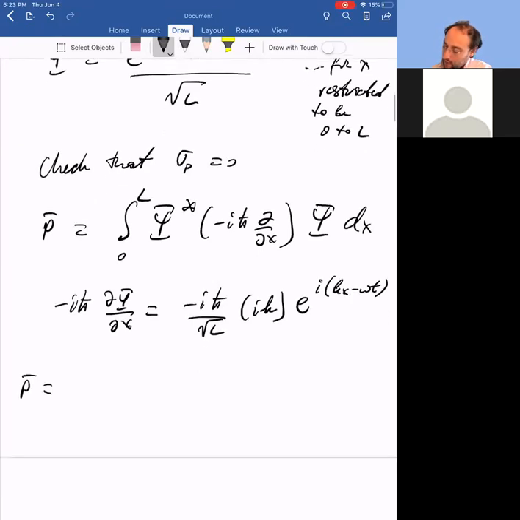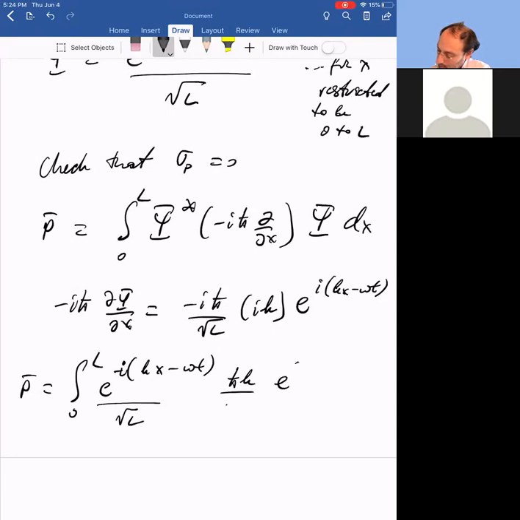So expectation value of momentum is the integral from 0 to L of e to the minus i kx minus omega t, times minus i squared, so that's h bar k over root L, and then e to the i kx minus omega t over root L dx. Okay, so that's what we got.